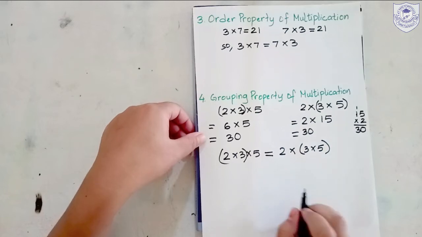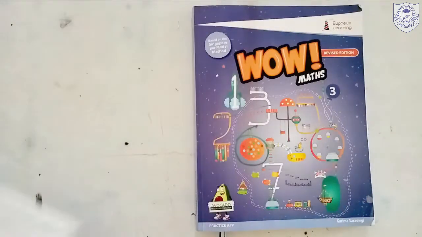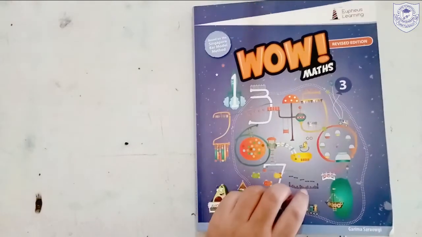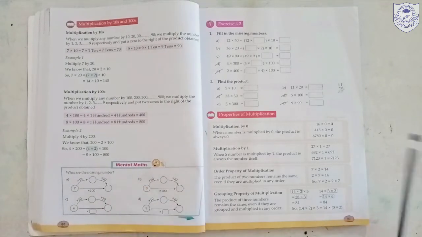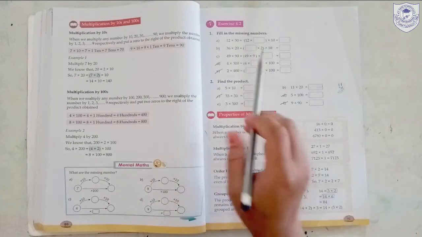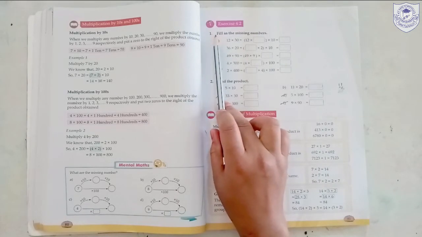Alright, now let's proceed to our textbook. Okay, get ready with your textbook. Turn to page 81. Exercise 4.2. In exercise 4.2 we have 2 questions.